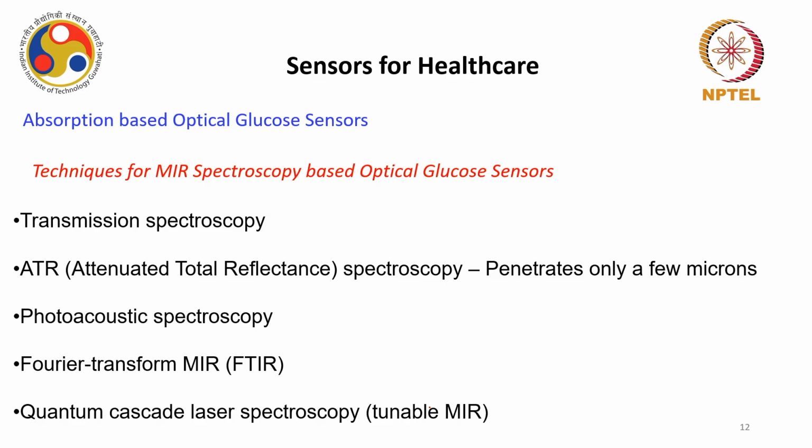Based on this, you can have a number of spectroscopy techniques in the MIR: transmission spectroscopy, ATR spectroscopy that we have just seen, which is attenuated total reflectance spectroscopy, photoacoustic spectroscopy, and Fourier transform MIR, which is mostly covered under FTIR. In the modern scenario, you have quantum cascade laser spectroscopy, which is a kind of tunable MIR.